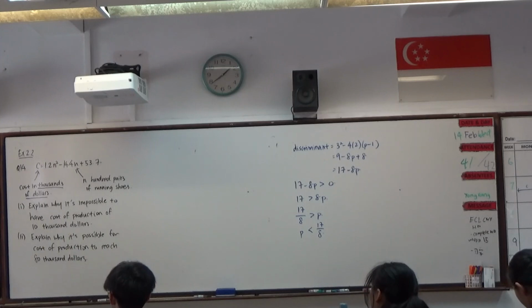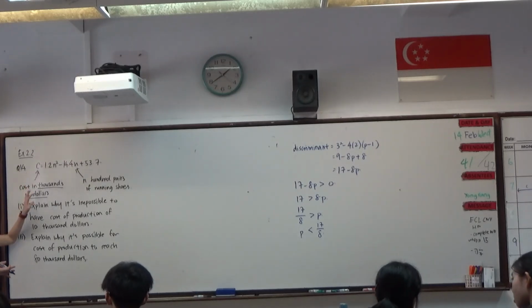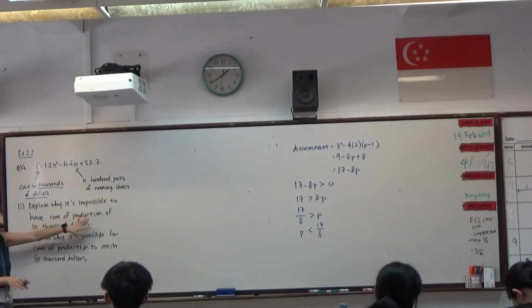So for example, if you let C to be 10, that means your cost of production is $10,000. If you let C to be equals to 5, that means your cost of production is $5,000. So the C value and the total cost of production are two separate things. So it depends on how it is being defined. Then N is in terms of hundreds of pairs of running shoes.